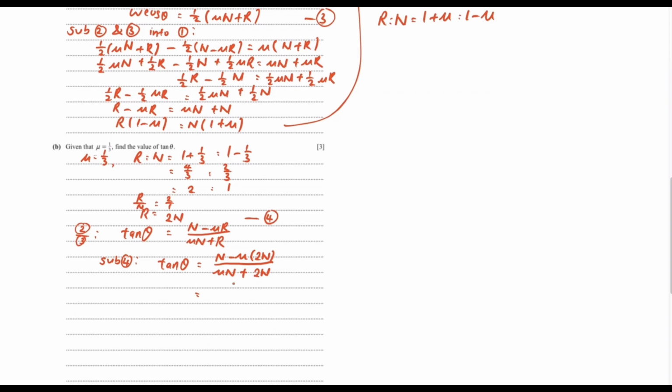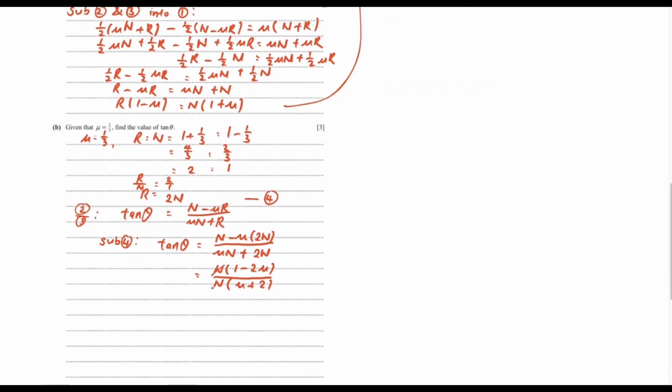Then I remove the n. Let's say I factorize first, and I cut away the n.